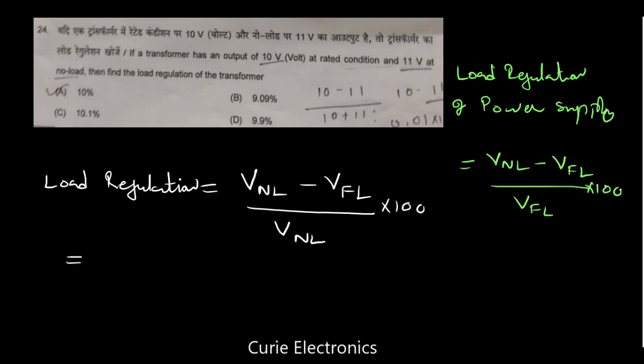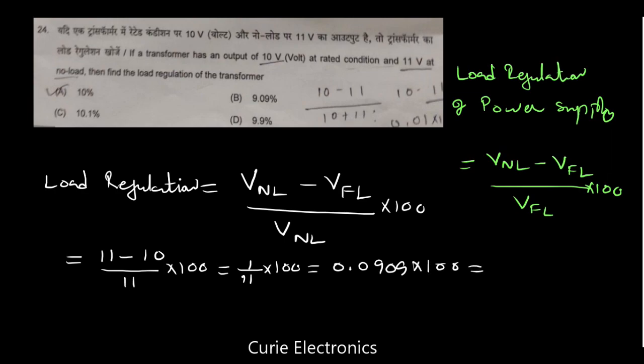So if you put the values, 11 minus 10 upon 11, into 100, what do we get? 1 upon 11 into 100 comes to 0.0909 into 100. So we will get 9.09%. This is the load regulation of this transformer. So option B is the right answer. 9.09%.